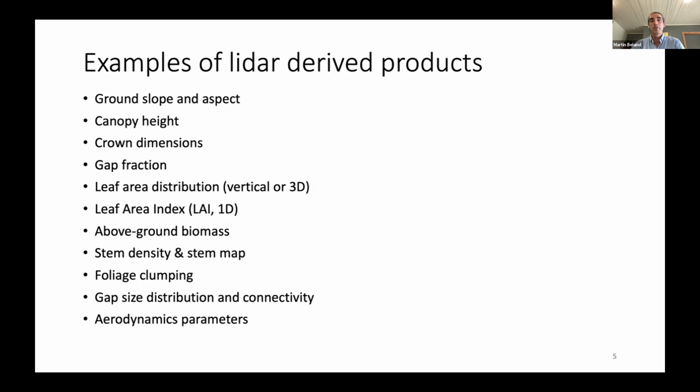So typical products we get from LiDAR at flux sites, of course, are things that people are used to: canopy height, crown dimensions. We can get gap fraction, leaf area, biomass, stem density, foliage clumping, gap size, and connectivity, sometimes also for habitat studies and aerodynamic parameters.